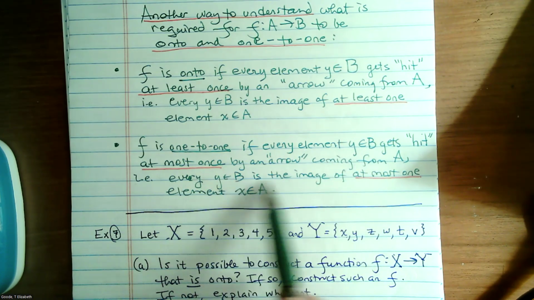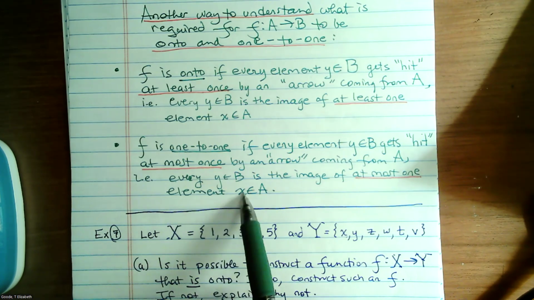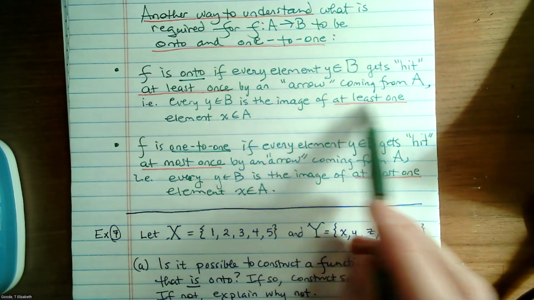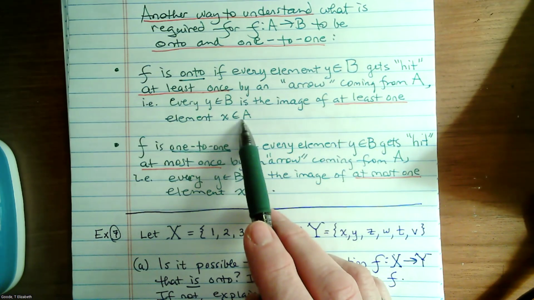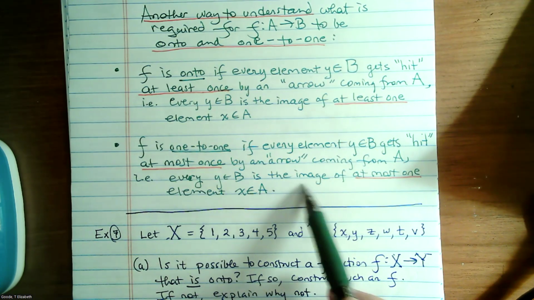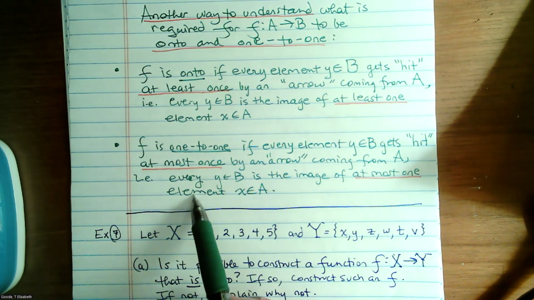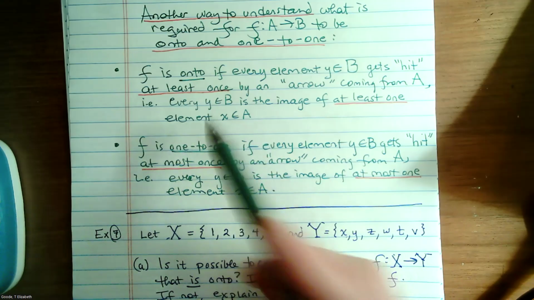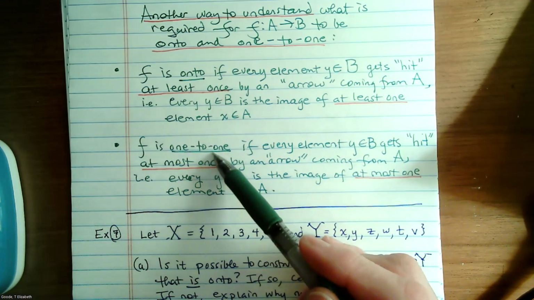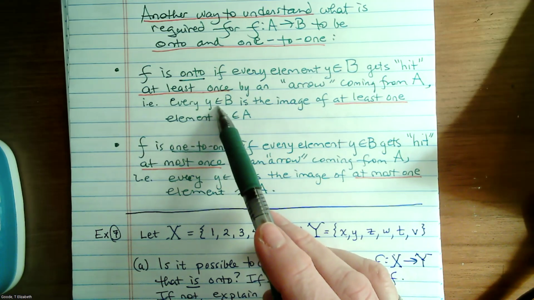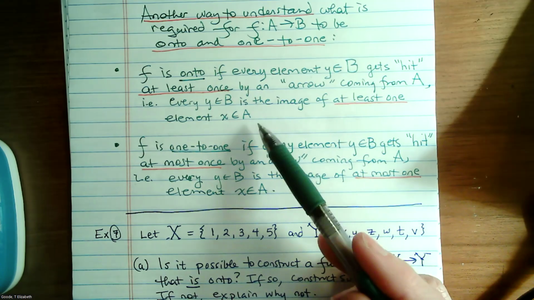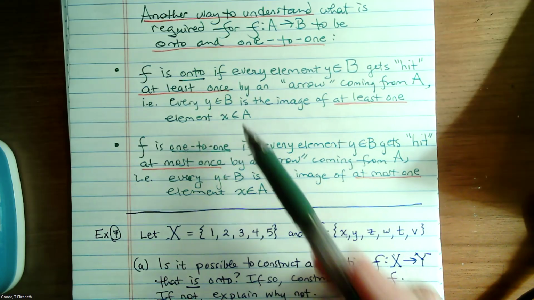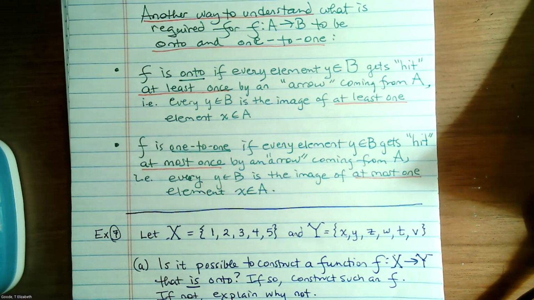So every Y in B is the image of at most one element in A. So if you put together at least, every Y in B is the image of at least one element X from A, and every Y in B is the image of at most one element X in A. A function F is onto and one-to-one if every Y in the codomain is the image of exactly one element X from A. And for finite sets, that forces the sets to be the same size.